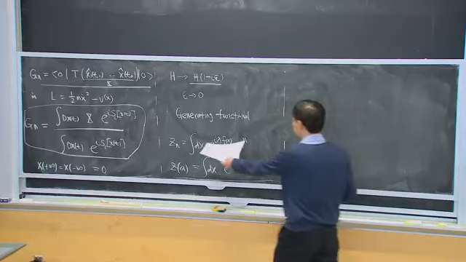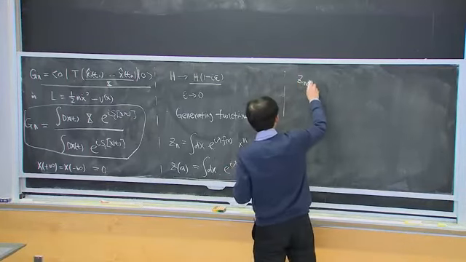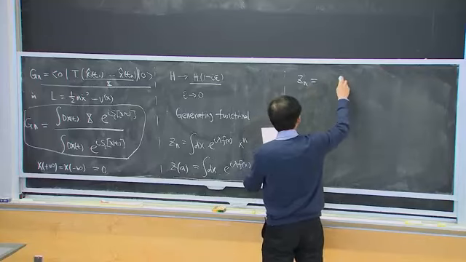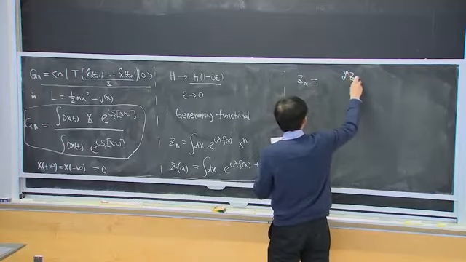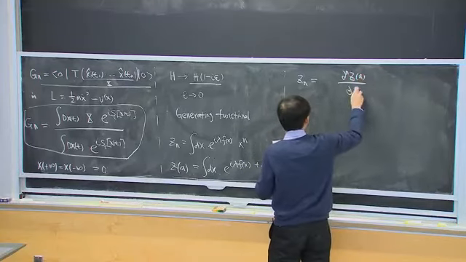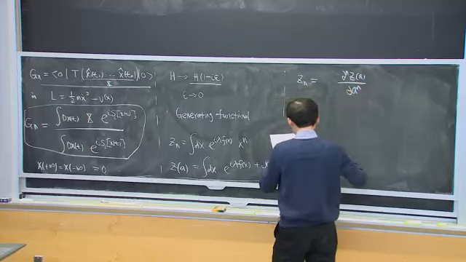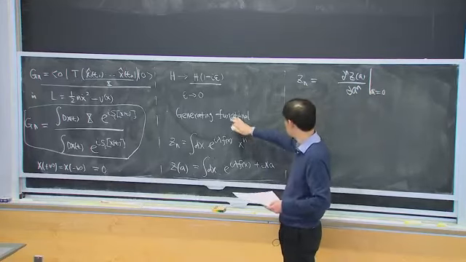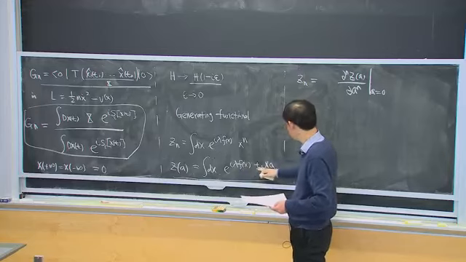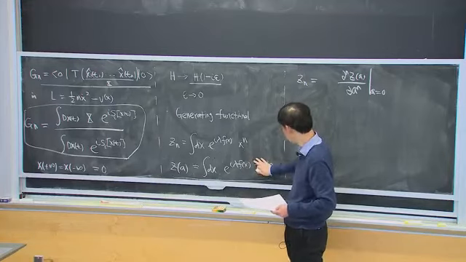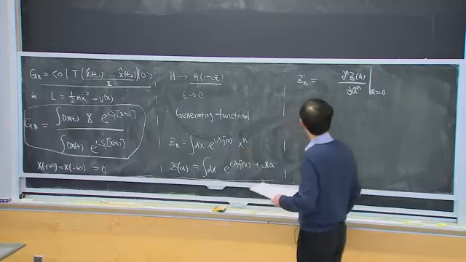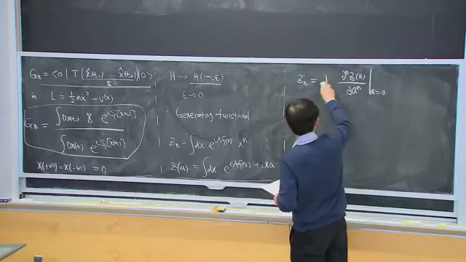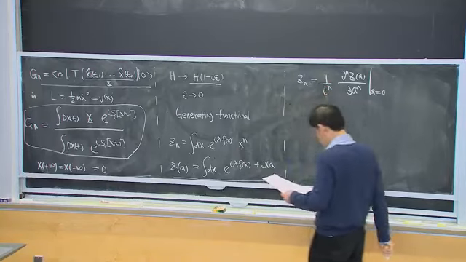So essentially, this I_n can be written as the n-th partial derivative of Z(a) with respect to a. You take a derivative n times, and then you set a equal to 0, because in the end we want this integral with no exponential piece. If you set a equal to 0, you get rid of the exponential piece, and then you have a factor of x^n.